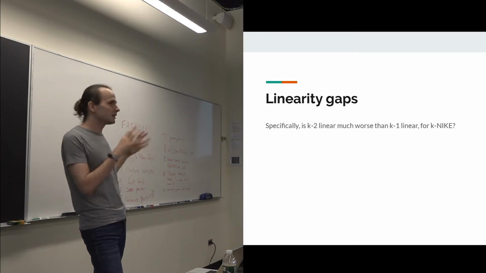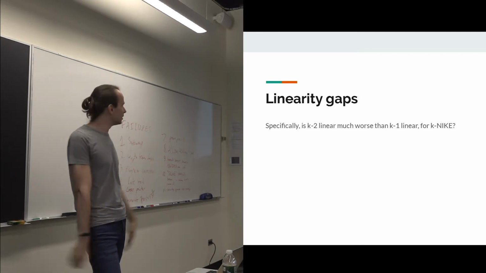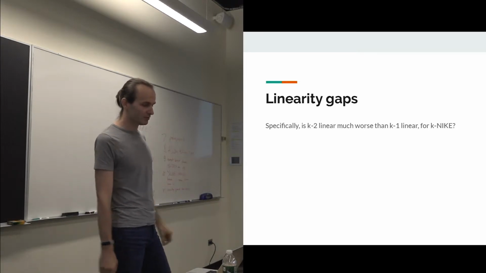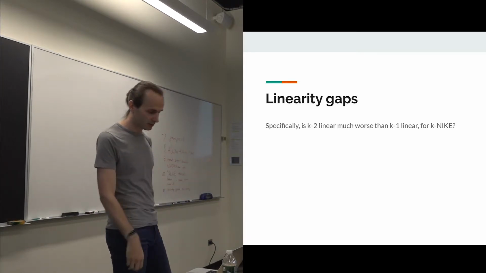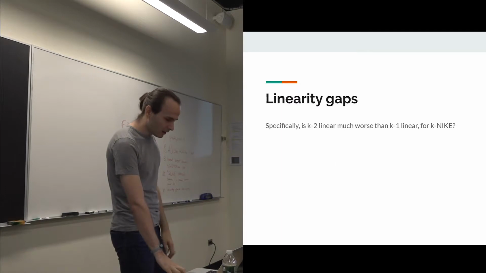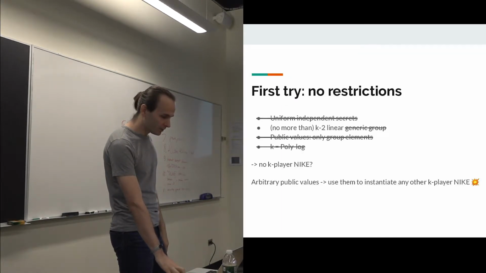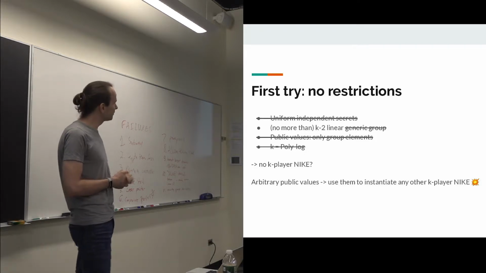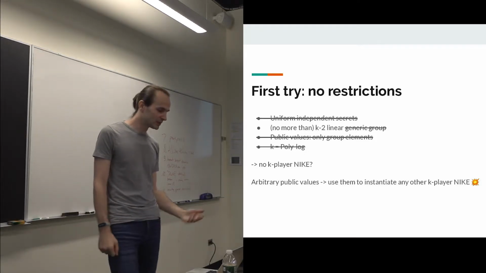That's the motivation of the whole result. We want to show that you really need all the linearity that you can think of. I'll show you why we failed a little bit, but we'll see later.